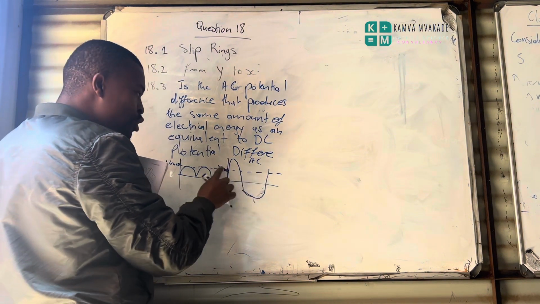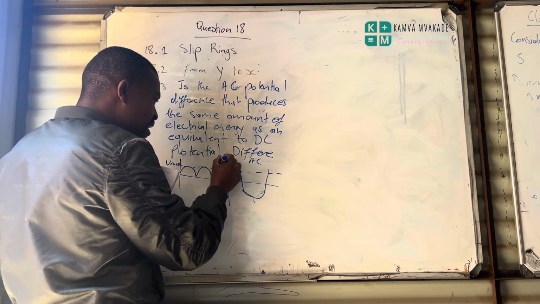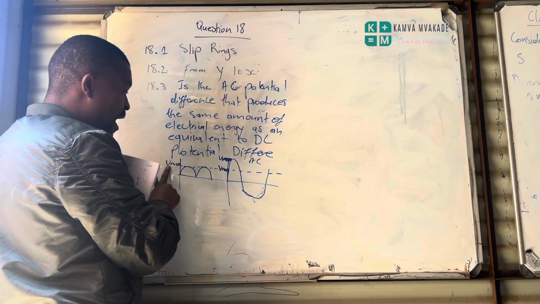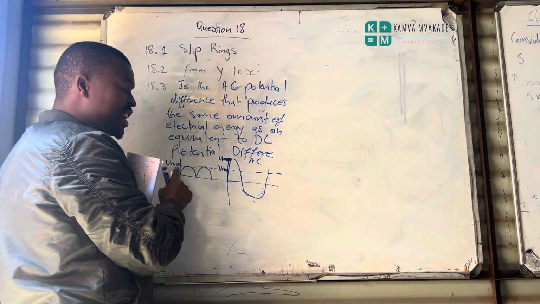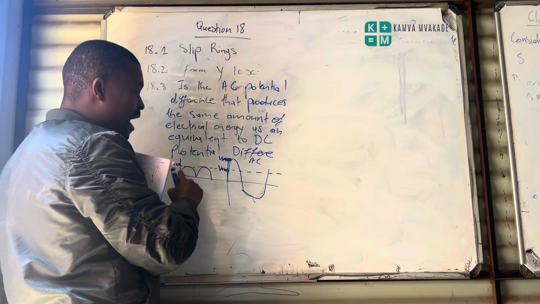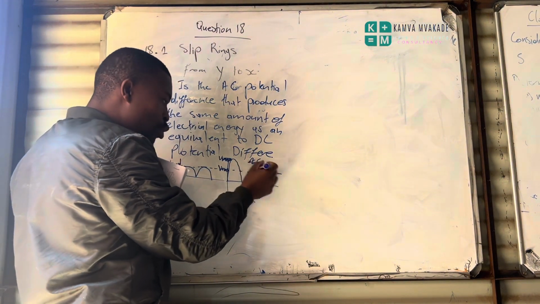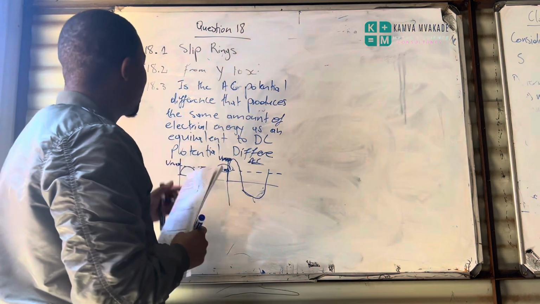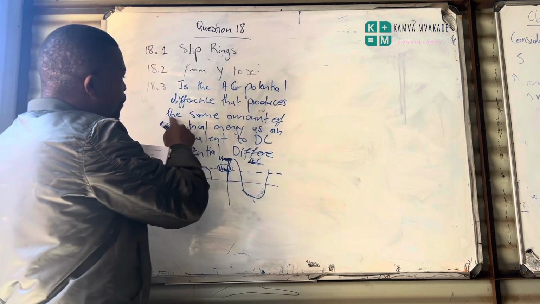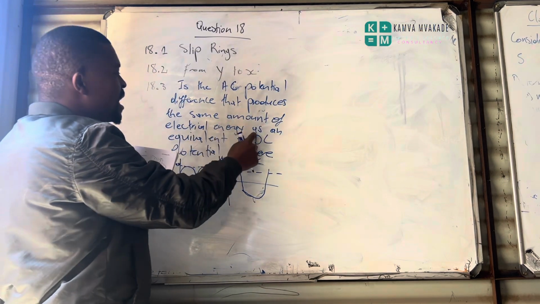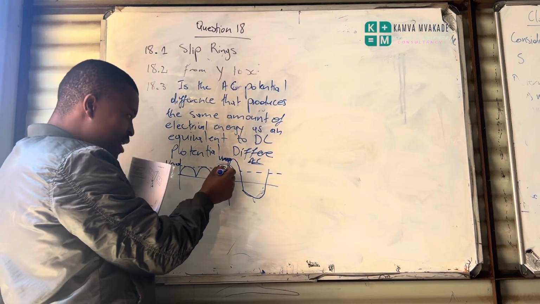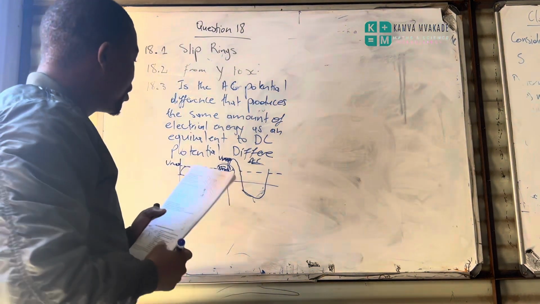So this means the AC potential difference that produces the same amount of electrical energy as an equivalent DC potential difference. This one is equivalent to that one.